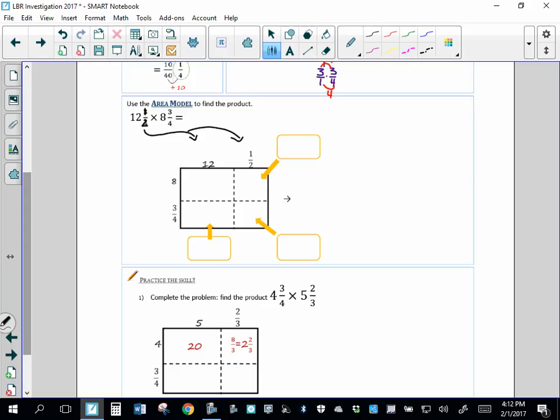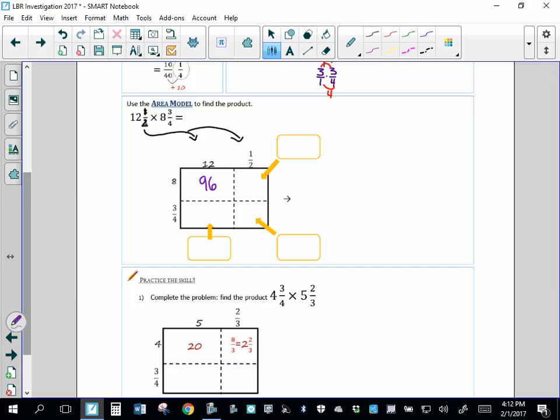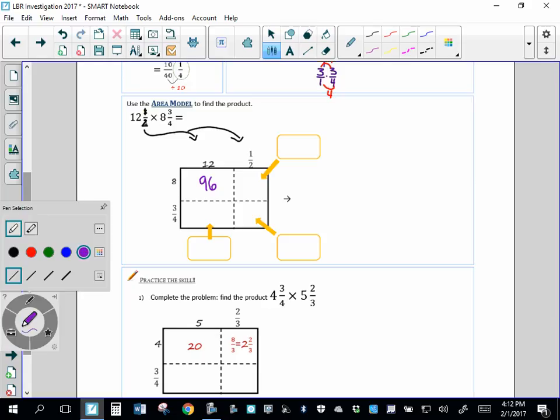We want to make sure that we also use as much mental math as we can in the area model. An example would be, hopefully a lot of you can do 8 times 12 with mental math, and you know that it's 96. The other thing we talked about is how to figure out what goes where.